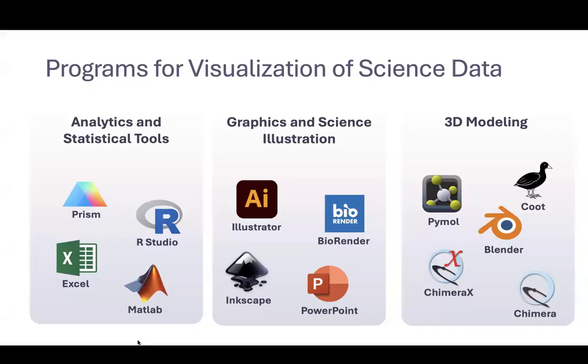Perfect. Thank you. And another question was, do you have recommendations or tips for numerical data beyond Excel? Yeah, I do. Excel is obviously a good place to start. RStudio is also a free and really powerful tool specifically for science data.